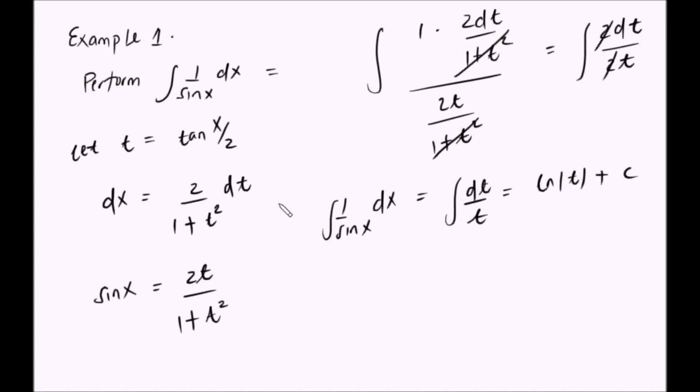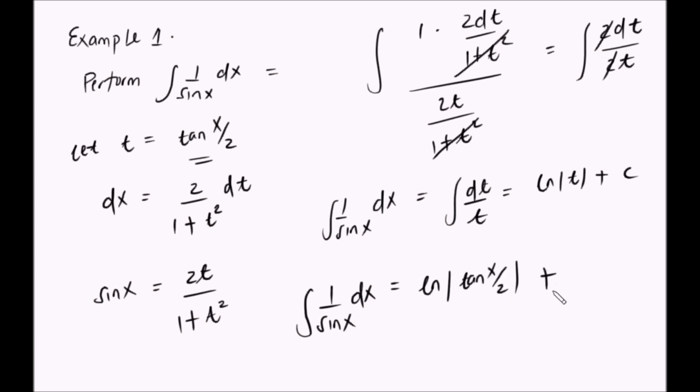Kisha integrate hapo. But t ni nani? Ni huyu. Kwa hiyo kumbe our final answer now, integral ya hii 1 over sin x with respect to x ni ln ya nani? Ya tan of x over 2 plus nini? Plus c. There, you see?